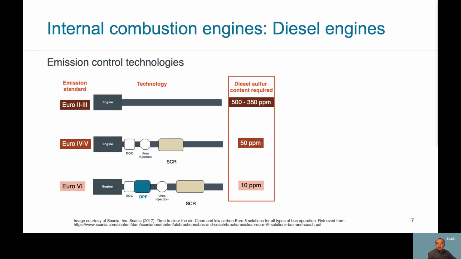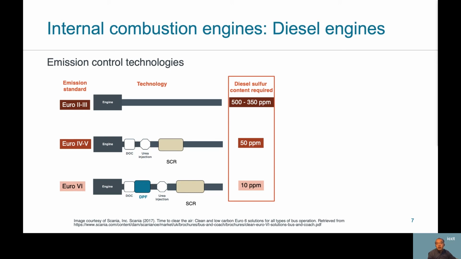DPFs are a game changer for removing PM from diesel exhaust. Other components of the modern diesel aftertreatment system are the diesel oxidation catalyst, selective catalytic reduction, and a urea injector to make SCR function properly. DPF, DOC, and SCR are part of the same emission control system that achieves the best reduction results of exhaust pollutants.